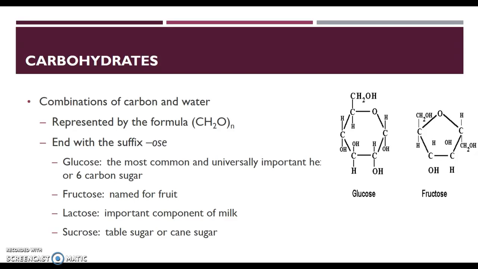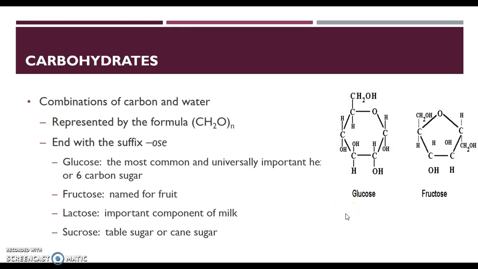So there's always an equal number of carbon and oxygen and twice as many hydrogens within the carbohydrate. All carbohydrate monomers end with the suffix -ose, and we have 4 examples here. Glucose, you can see here, is the structure of glucose.